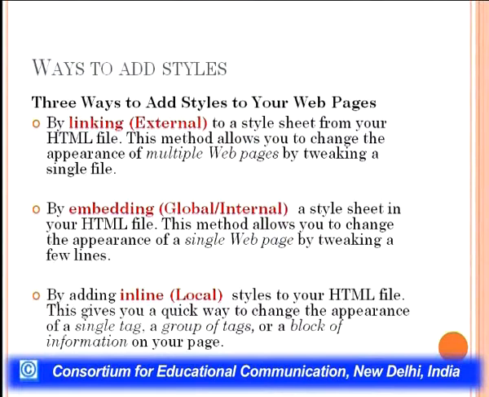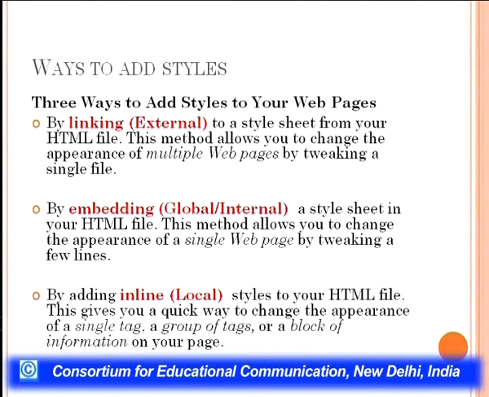The first way is by linking, that is an external style element. If you want to link a style sheet to your HTML file, this method allows you to change the appearance of multiple web pages by tweaking a single file.